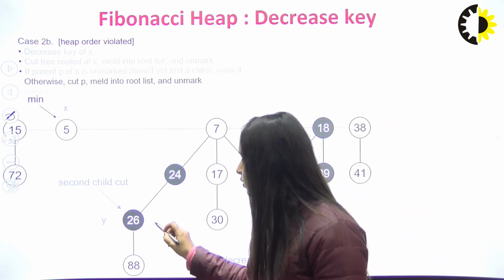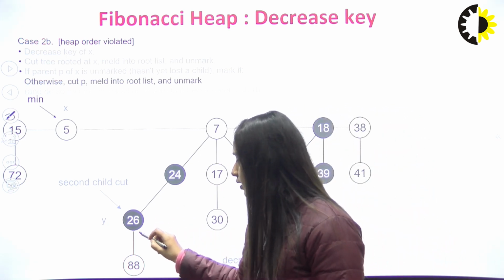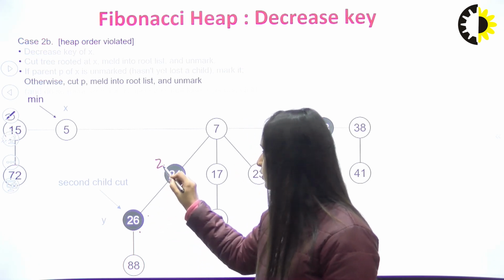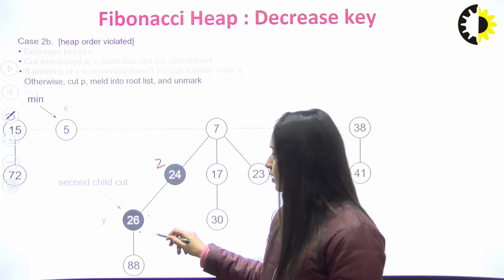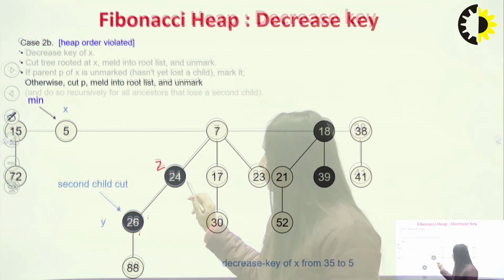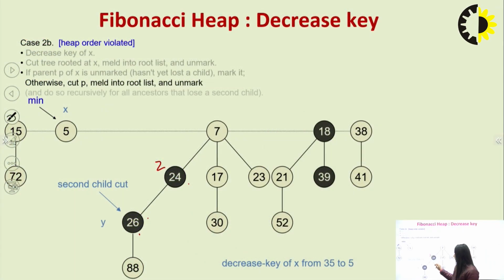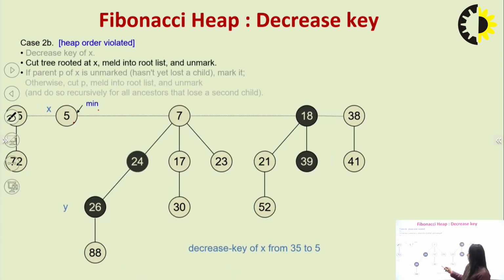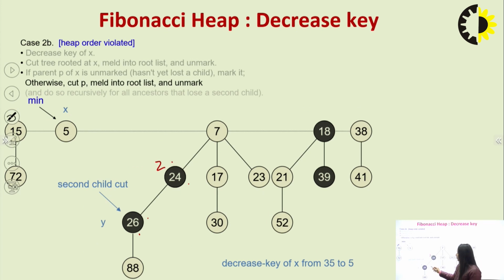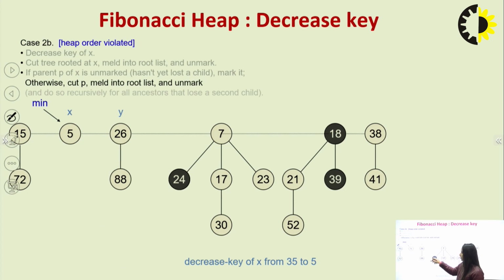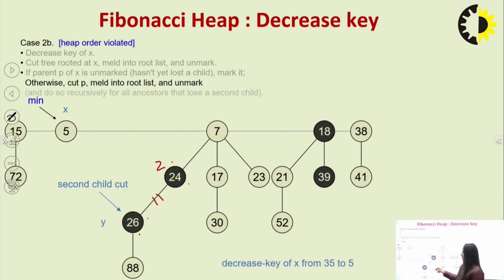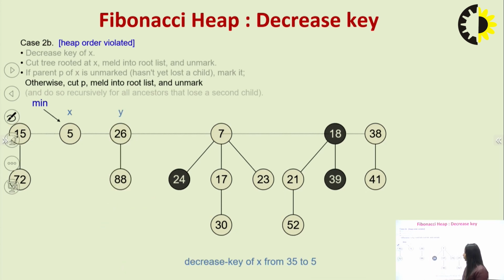Now this is 26, this is y and this is z. In the cascading cut, 24 is z, and of course this is not nil, but I am going to cut this from here and make it a root.